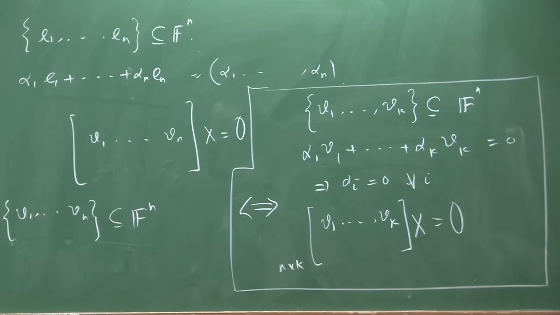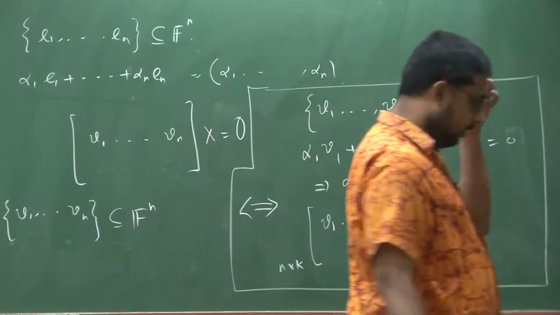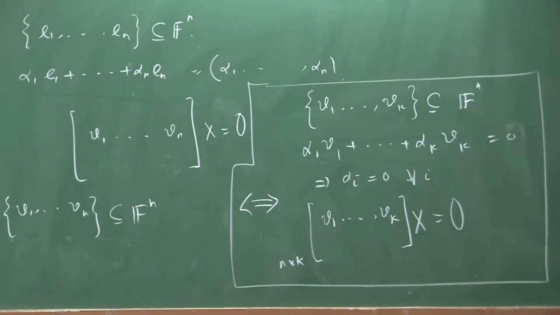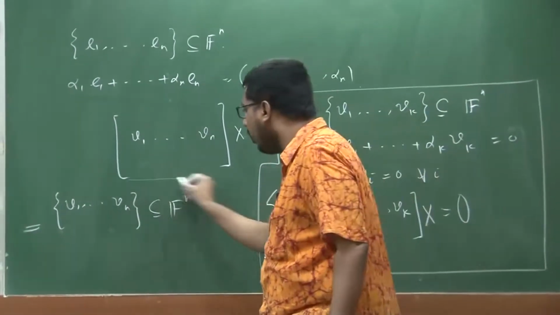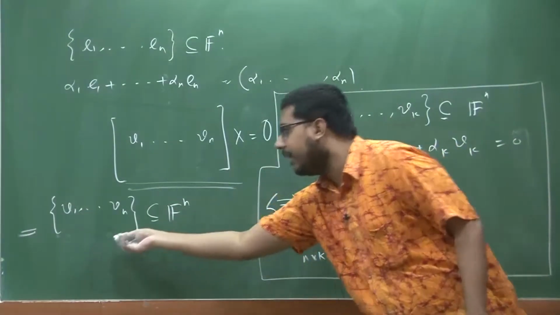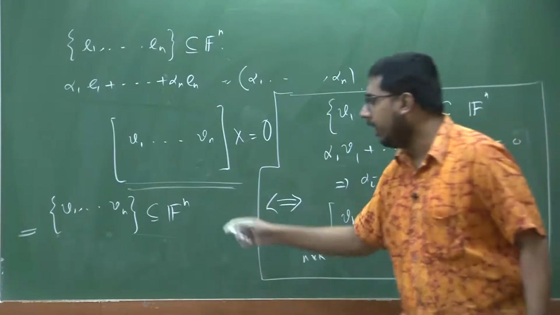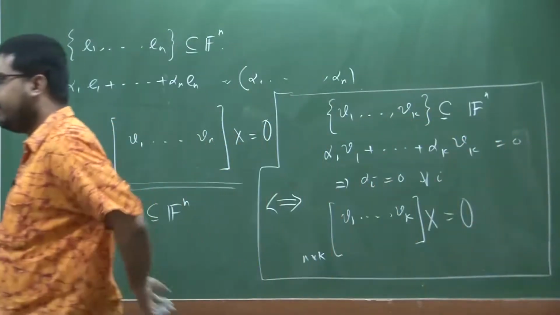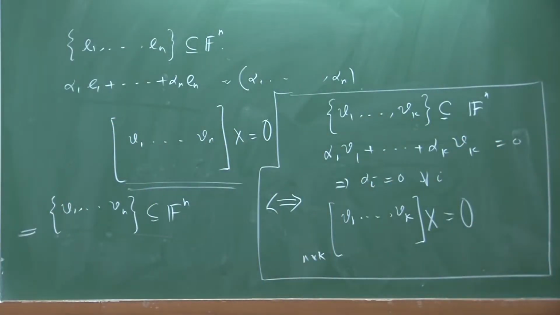Okay. But here an interesting question remains open. What it says is that if this matrix is not invertible, then can it span the whole Fn, right. We have talked about how, if the matrix is invertible, then it will span the whole Fn. The question is what happens if this is not invertible.